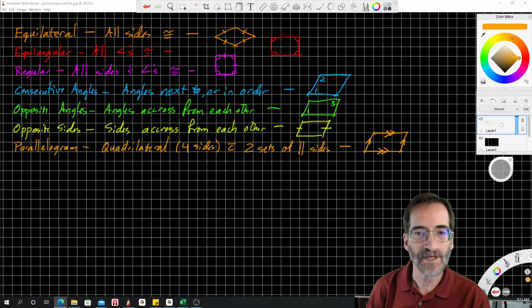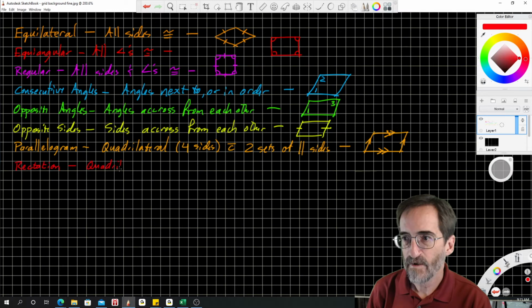So the definition of rectangle is when a truck carrying a bunch of yarn collides with a truck carrying a bunch of string. You get a rectangle. Not really. It's a quadrilateral, so it's got 4 sides with 4 right angles.